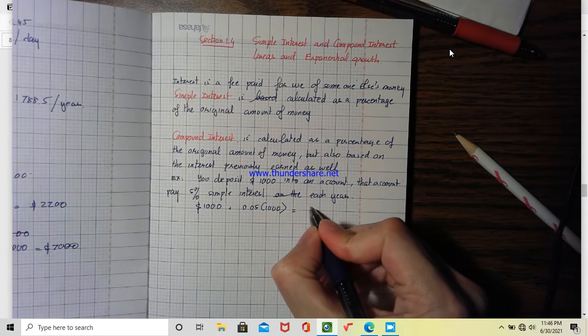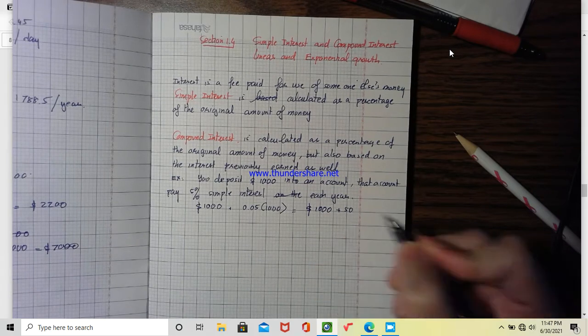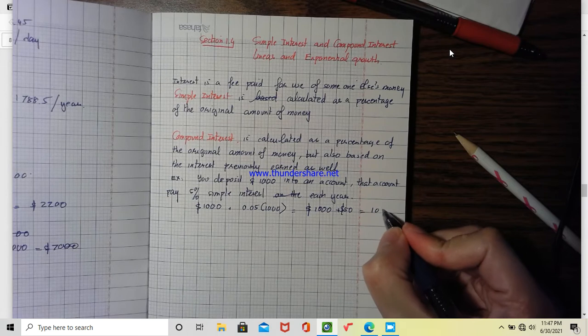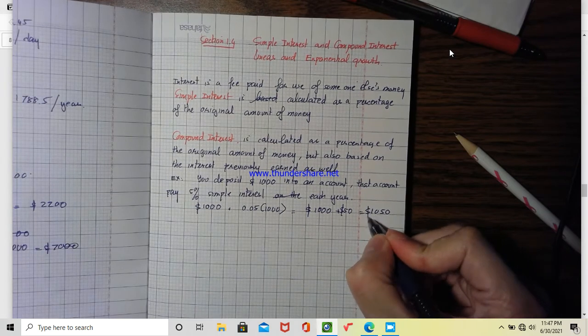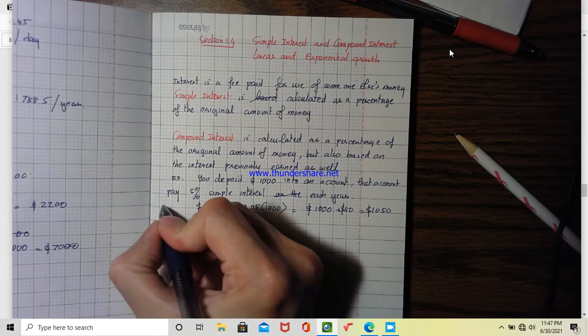So in your account after the first year, you will have $1,050. That is for the first year.